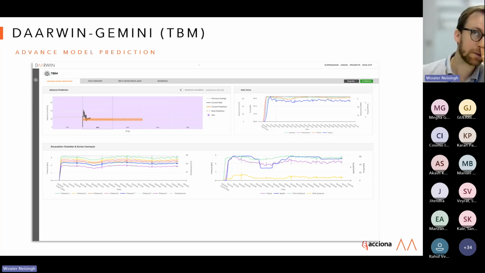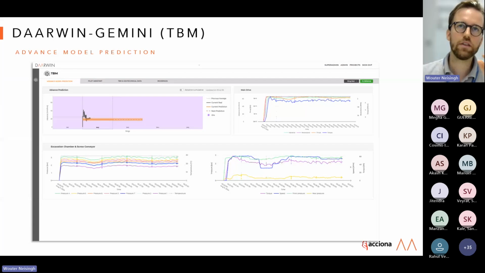In the first place, those are the inputs from the TBM operator themselves, or that they can influence at least: revolution, thrust, and screw conveyor speed. And subsequently, we also look at more observations. Those are the parameters that the TBM operator cannot influence directly. It is relevant, though, for the functioning of the machine and the project, but in an indirect way. And that is the advance and the torque of the machine.